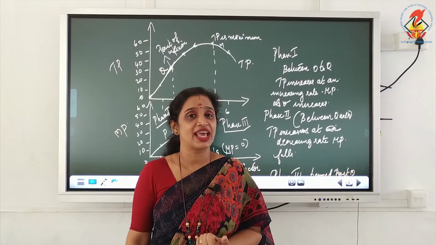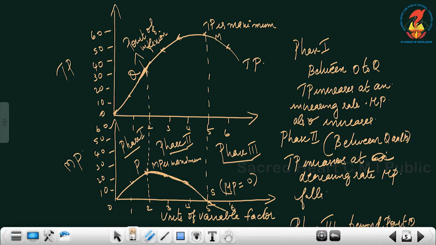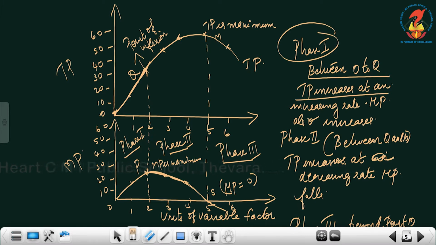You can find that in the curve. From 0, the point of origin, total productivity is increasing at an increasing rate from 0 to Q. See the comment I have written for phase 1: between 0 and Q, TP increases at an increasing rate. What happens to marginal productivity? What have we learned?